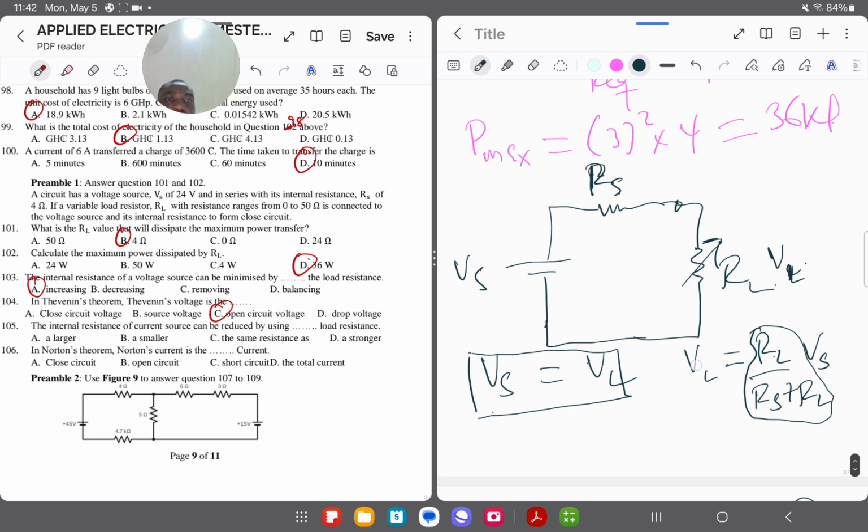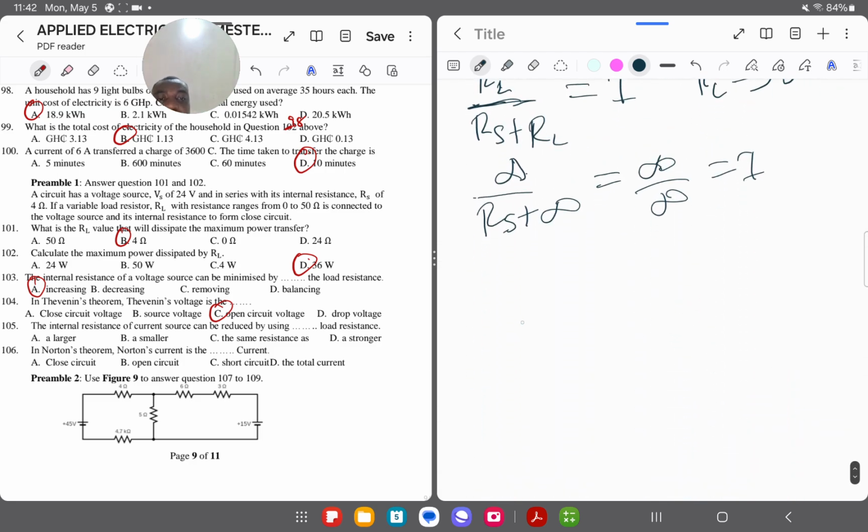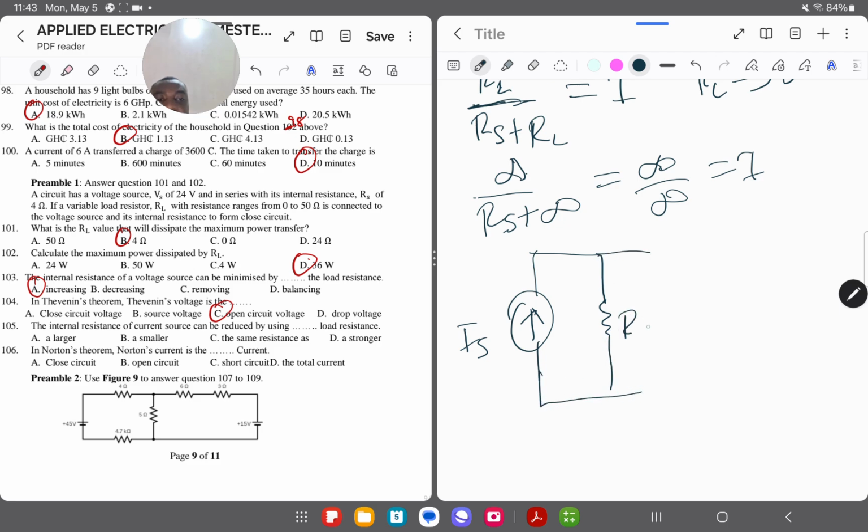Now let's say you have a current source. Now we are having a current source Is, and this current source is in parallel with a resistor Rs. Okay. Now I have my load resistor, which is RL.